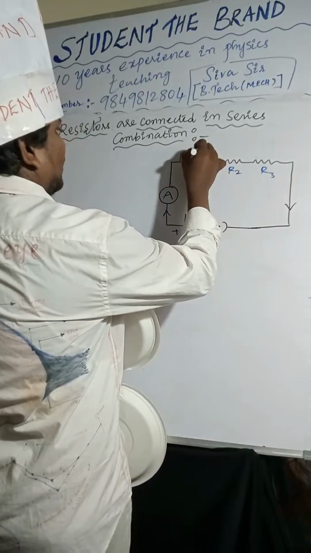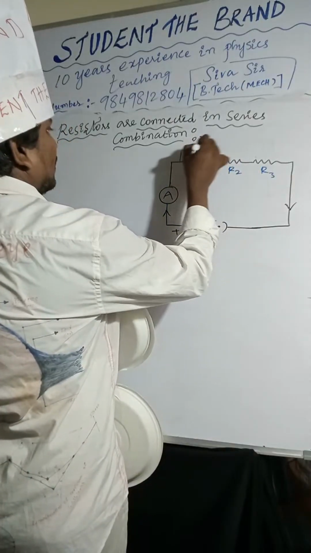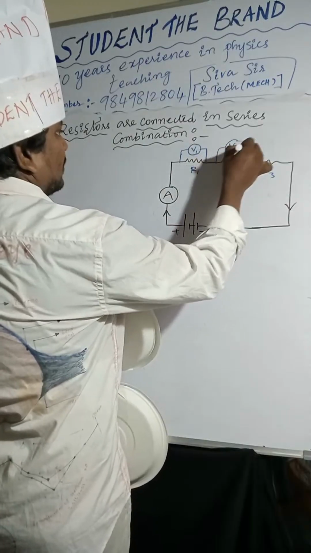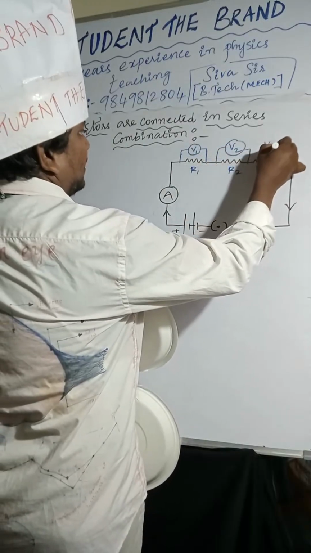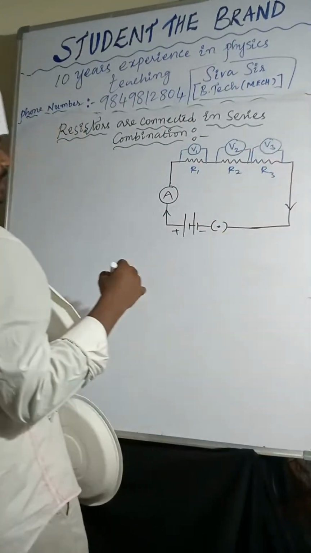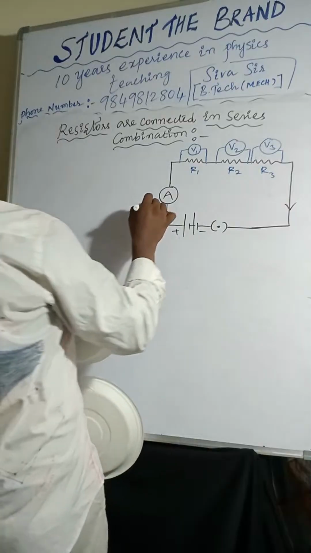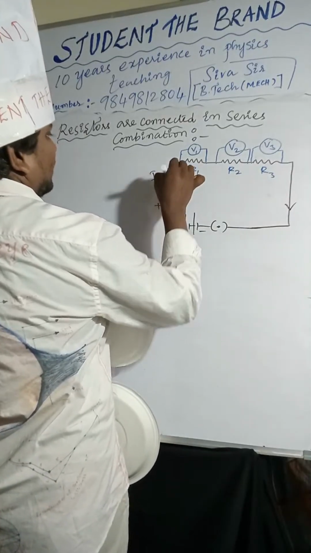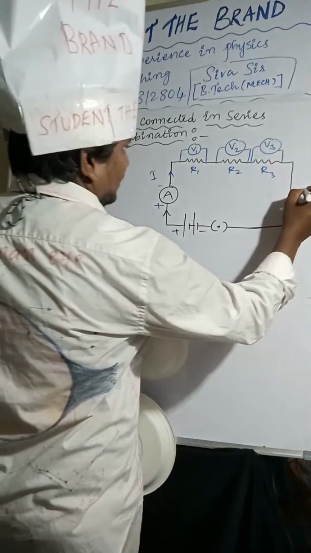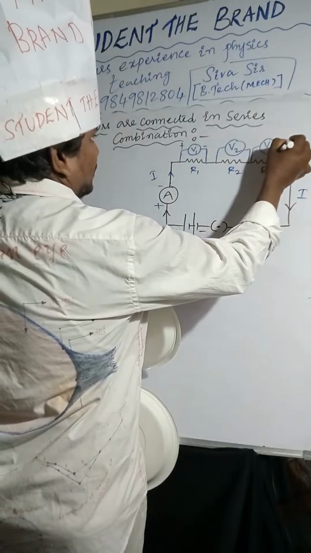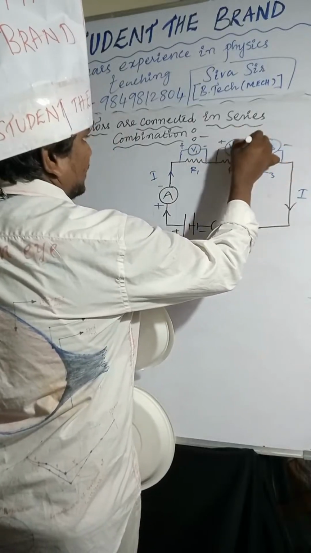Across R1 is V1, across R2 is V2, across R3 is V3. Current is flowing: positive terminal, negative terminal, current I is flowing, and here also the current is flowing, positive, negative.